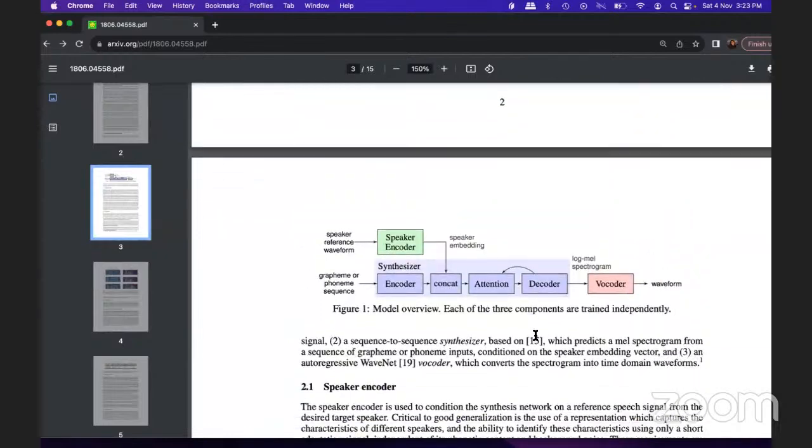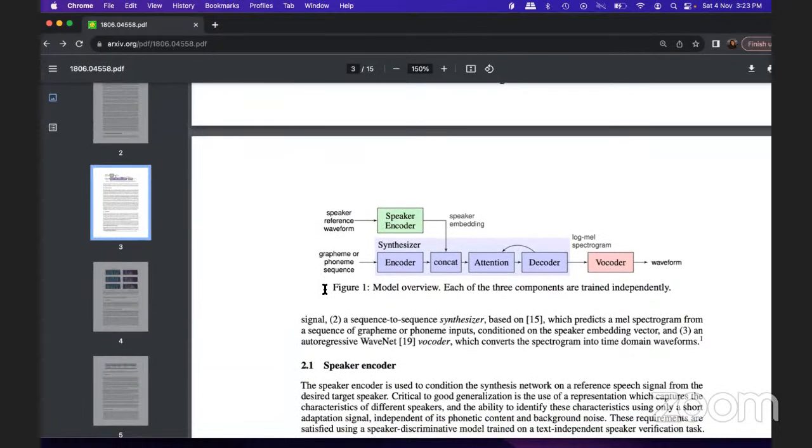So the attention decoder mechanism creates the MEL spectrogram based on the reference speaker's audio and the phonemes generated from the text. Then the MEL spectrogram goes to a vocoder, or voice encoder. This is the WaveNet neural network that I just mentioned, which is a different paper in itself.